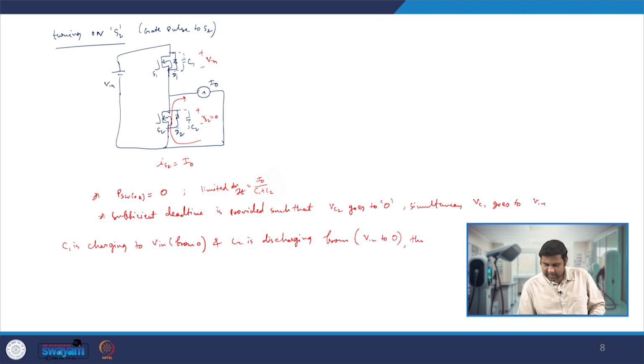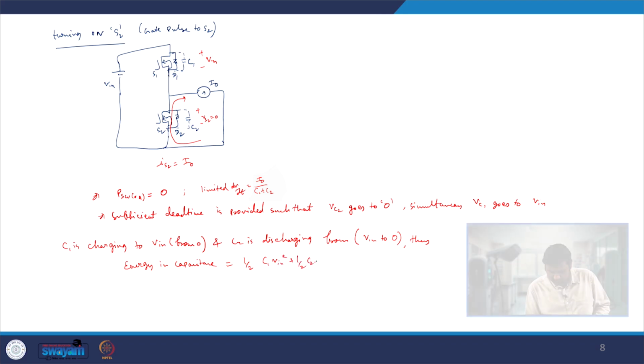Thus the energy in the capacitances is half C1 Vin square plus half C2 Vin square.